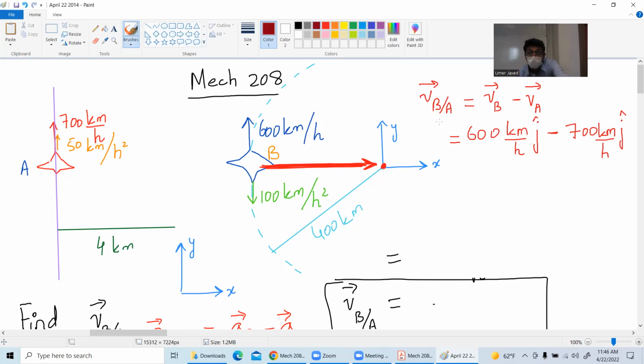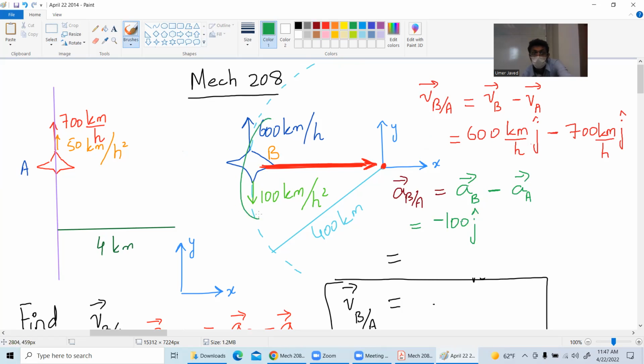And last but not least, you have A, B with respect to A, and that is AB minus AA. Please remember that velocity is very intuitive to know, but accelerations are difficult. Now, AB has two components. One component is this one, negative 100 J, right?